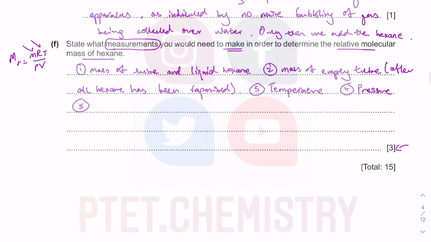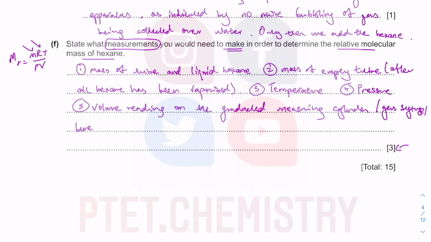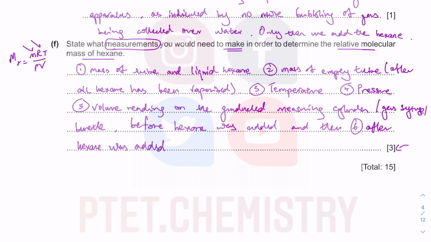Okay, so you will have the volume reading on the, I guess, graduated measuring cylinder, or burette, or gas syringe, depending on whichever one you use, before hexane was added, and then after hexane was added, basically the vial containing the hexane was added and completely vaporized.